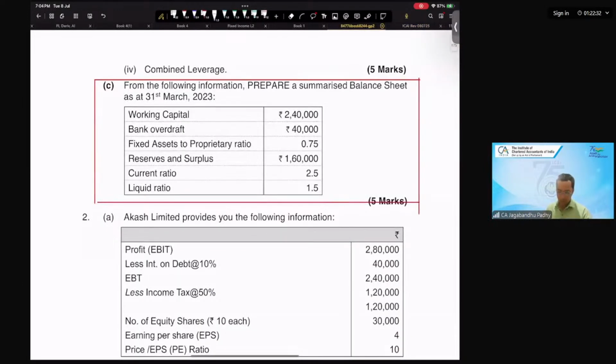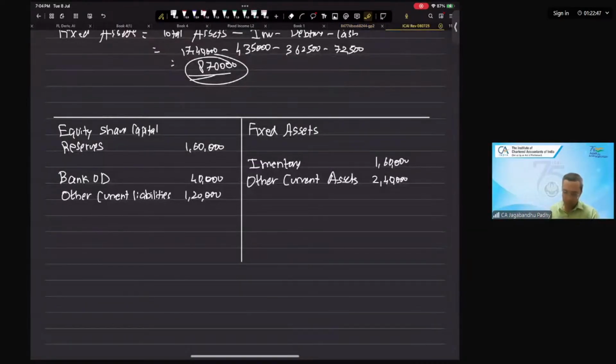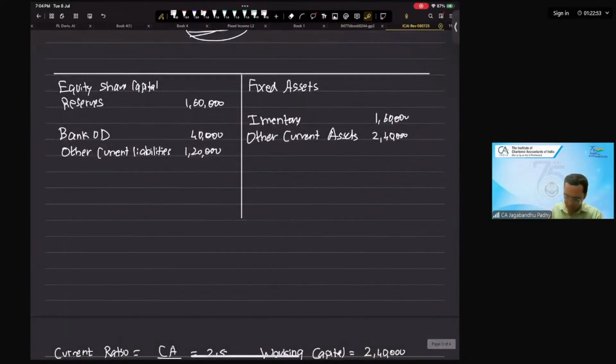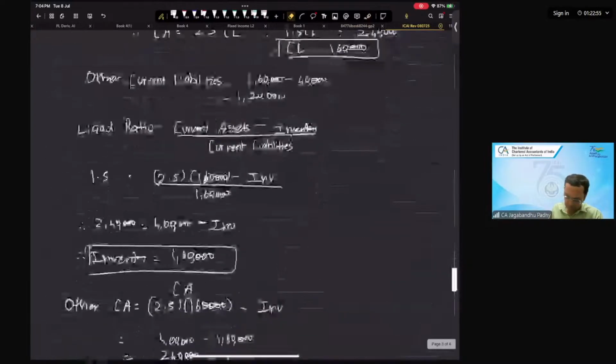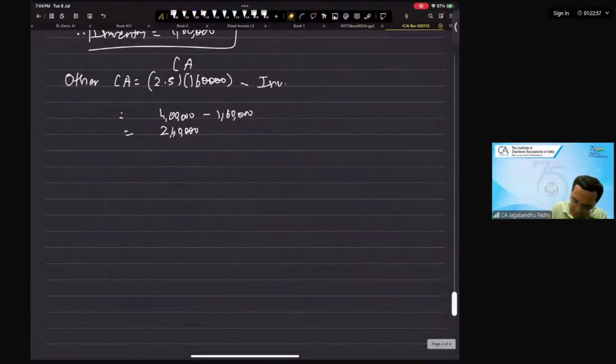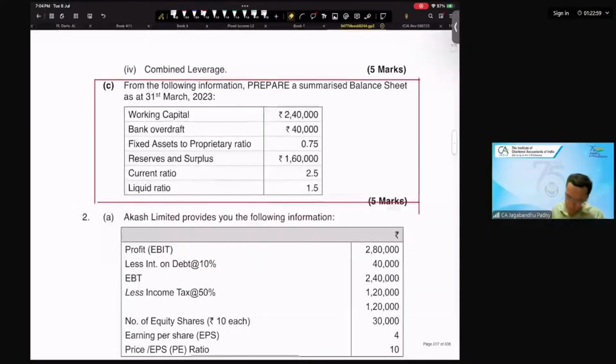Do we have any ratio for fixed assets? Yes, we have a ratio of fixed asset to proprietary ratio of 0.75. Okay. Now, proprietary ratio will include both share capital as well as reserves. Right? So it's going to include both the things, which is share capital and reserves. So let us use the ratio of fixed assets to proprietary ratio.